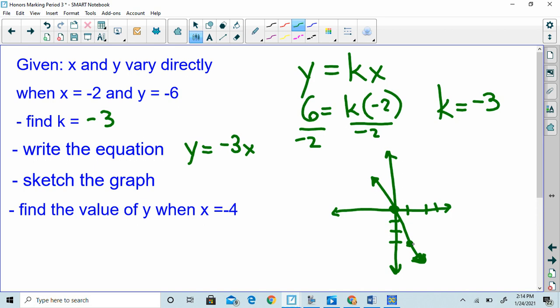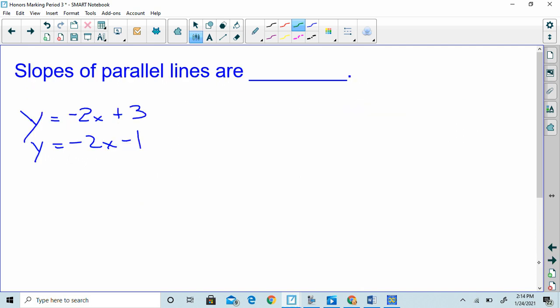If we're given the value of x, we can easily find the value of y by substituting it in. If our constant of variation is -3, we'll just multiply, and we'll find out that when we input -4, our output will be a +12. It gives us a value that would also fall on that line that's graphed.